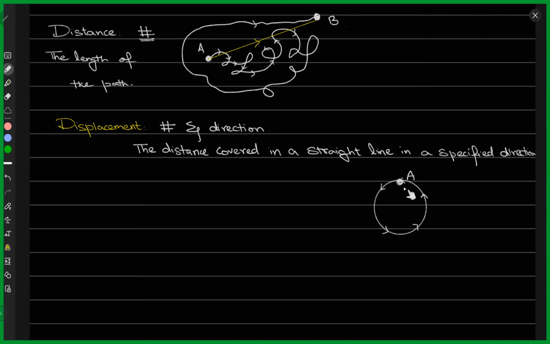So what would be the distance covered if I was traveling on this circle of radius r? What would be the distance covered in this case? Anyone from the class?